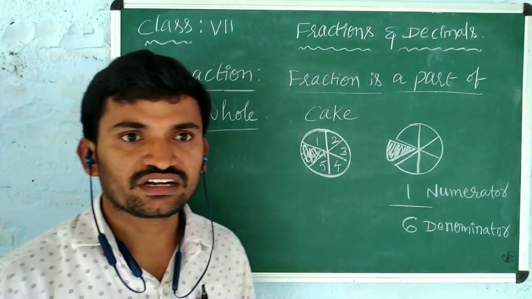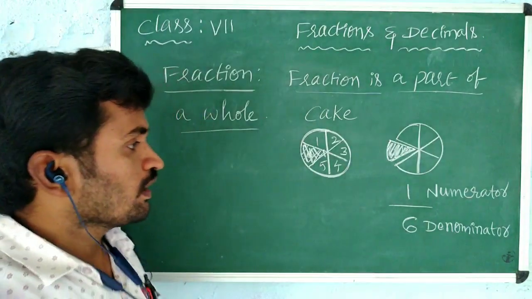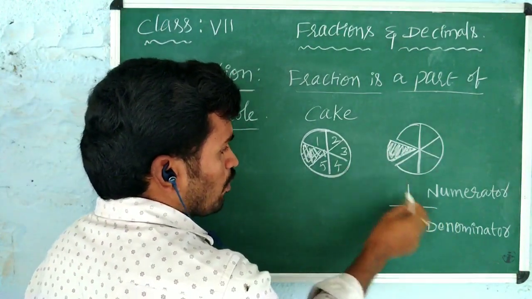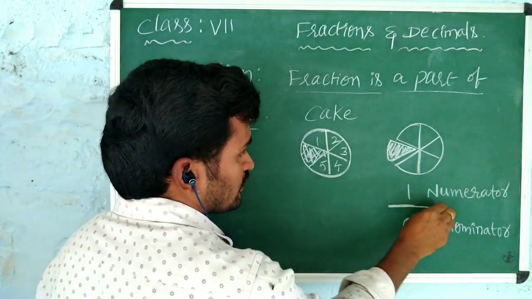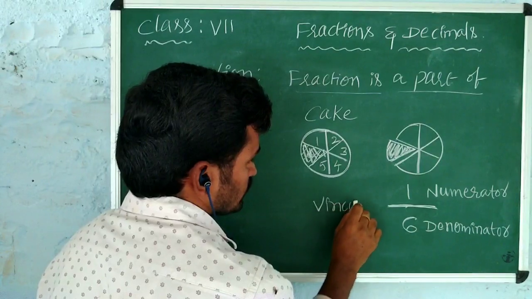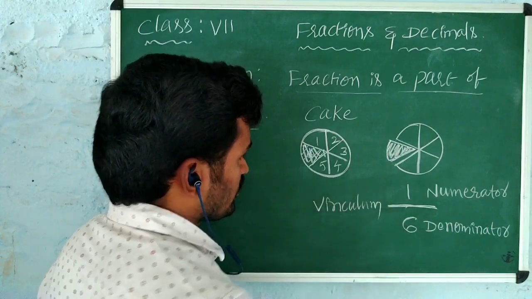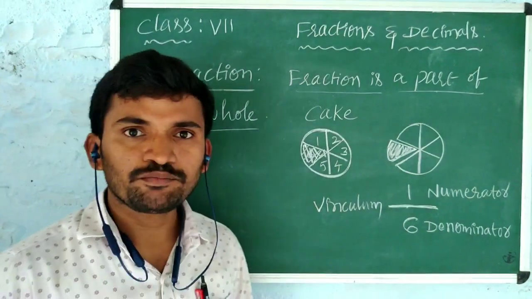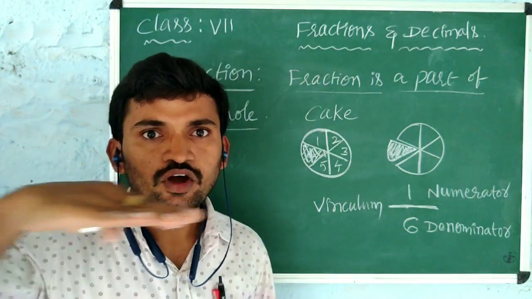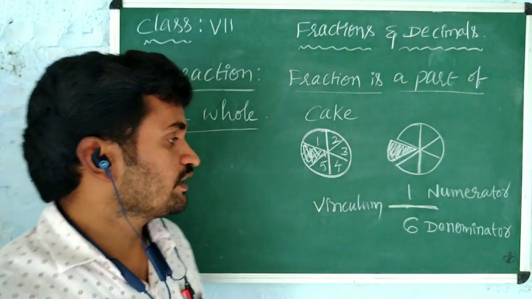Numerator and denominator. So in a fraction, the line we are calling a vinculum. You may know this word, vinculum. Vinculum means a horizontal line.